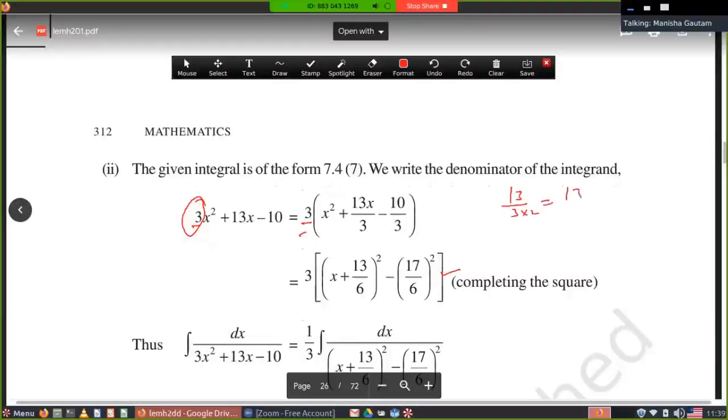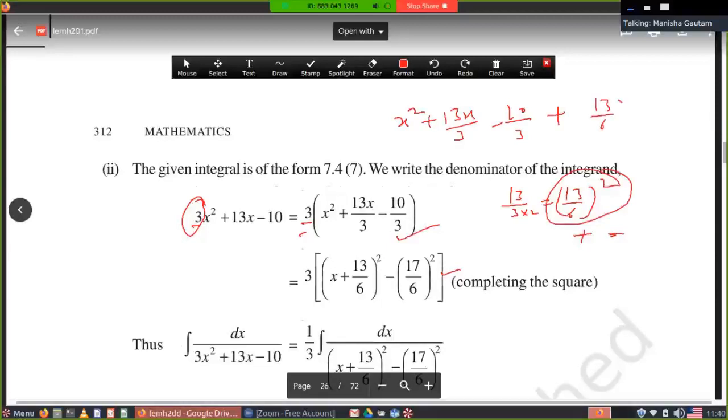It becomes 13 upon 6, and square it. Add this and subtract this in the given quadratic. So it becomes x square plus 13x upon 3 minus 10 upon 3 plus 13 upon 6 whole square minus 13 upon 6 whole square.